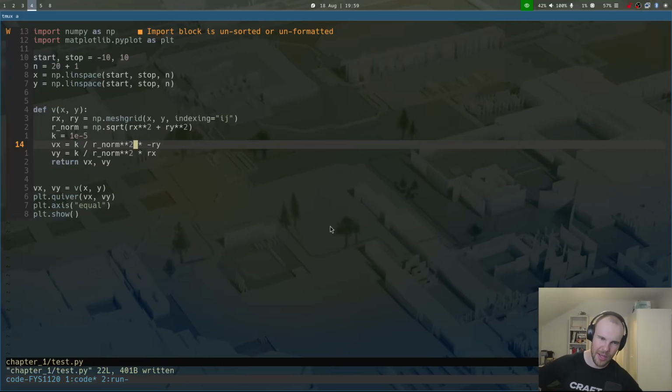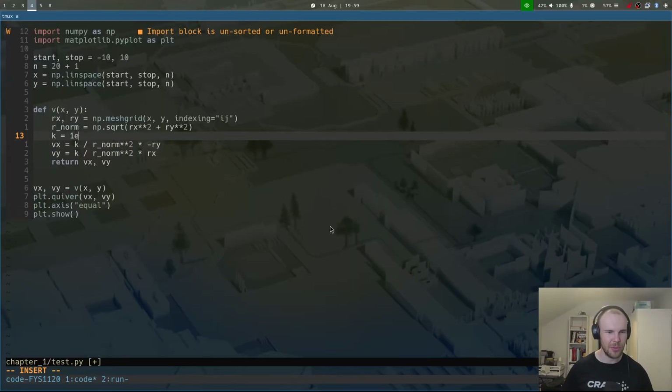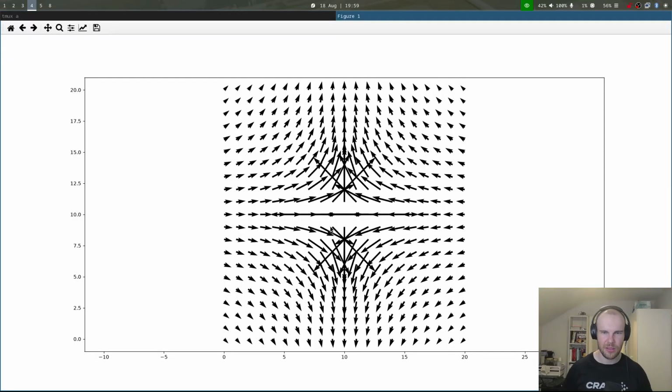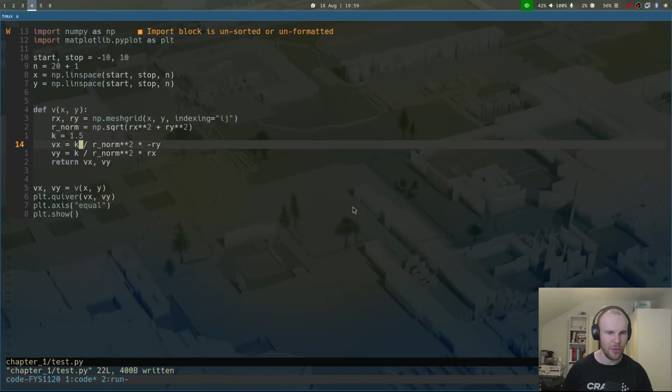Minus ry is correct, but now this field acts like this. I was close, at least. Maybe it's because my k is not fine. Yeah, it's bigger here, but my direction is completely off. It's the direction here, of course it is.